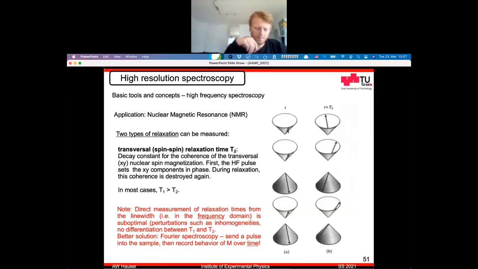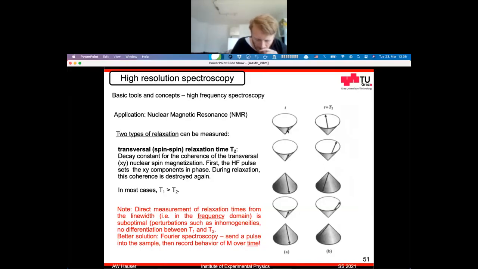So you have flipped the spin into the XY direction, and now the spin is rotating in this XY plane because of the still persisting static B field in the Z direction.